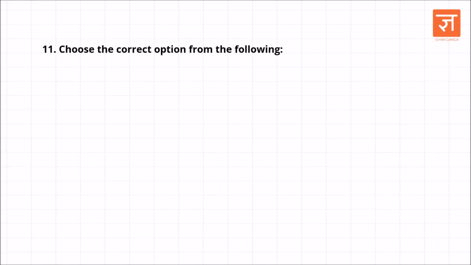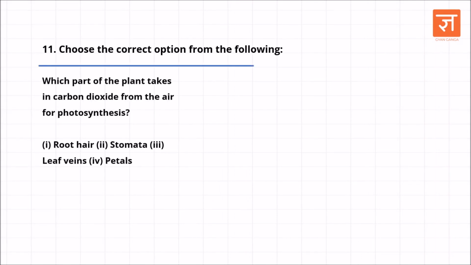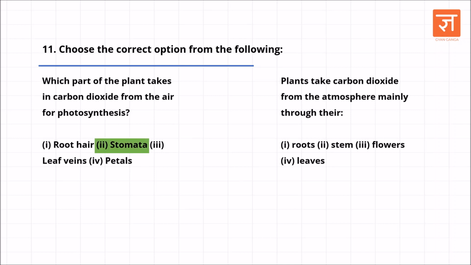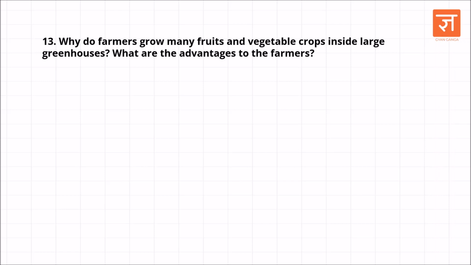Now choose the correct option. Which part of the plant takes carbon dioxide from air for photosynthesis? Stomata. Plants take carbon dioxide from the atmosphere mainly through their leaves. Why do farmers grow many fruits and vegetable crops inside large greenhouses?